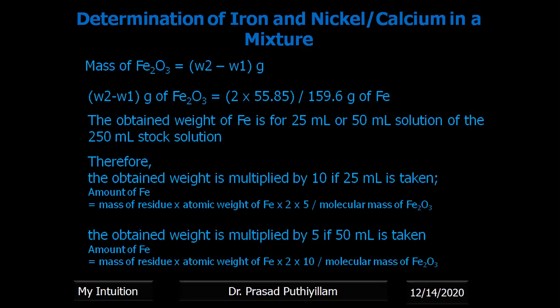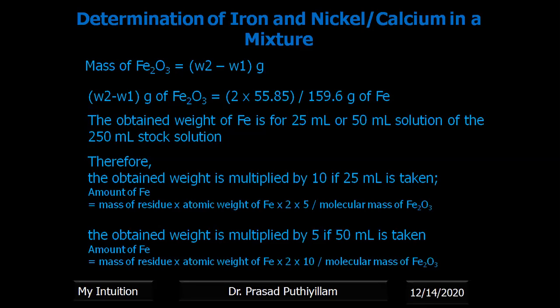The obtained weight of iron is for the 25 ml or 50 ml of solution that we pipette out from the 250 ml stock solution. Therefore, the obtained weight is multiplied by 10 if 25 ml is taken. That is, the amount of iron will be mass of residue into atomic weight of iron into 2 multiplied by 5 divided by molecular mass of Fe2O3.